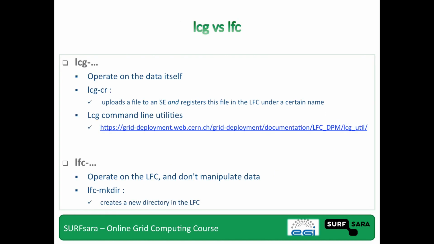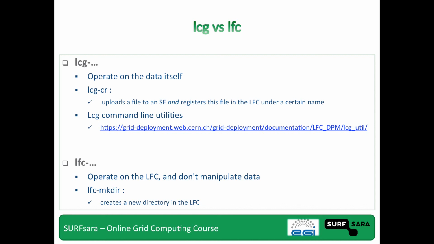So you can manipulate your data with a set of command line tools, and some of these commands start with LFC, which stands for Logical File Catalog, while others start with LCG, which can be confusing at first. All the LCG type of commands operate on the data itself. Additionally, some of these commands have side effects in the LFC.